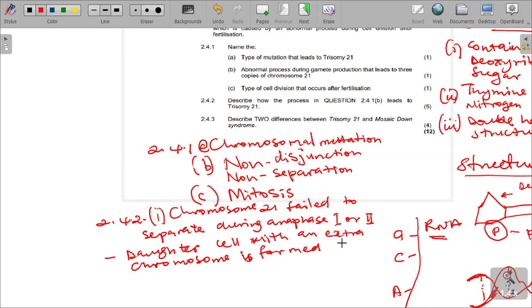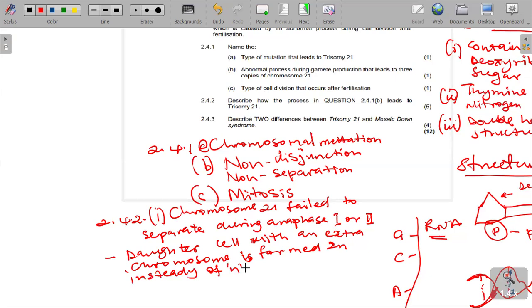In this case, this is a daughter cell which is 2N. A 2N daughter cell is formed instead of N. N must be the normal, it should be the normal.